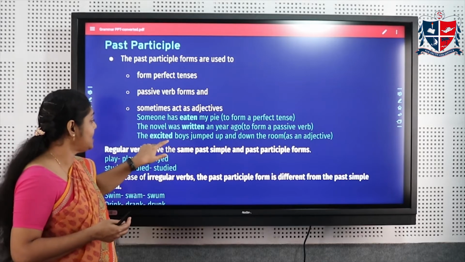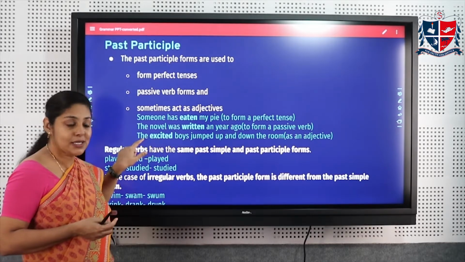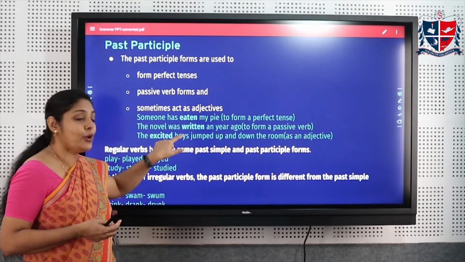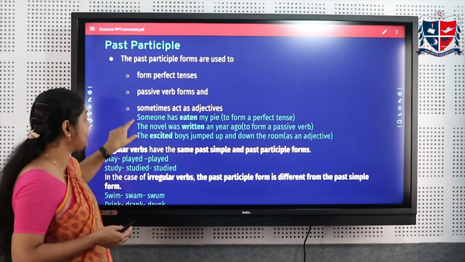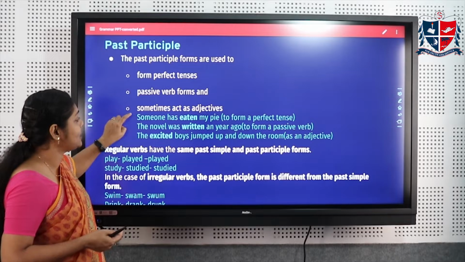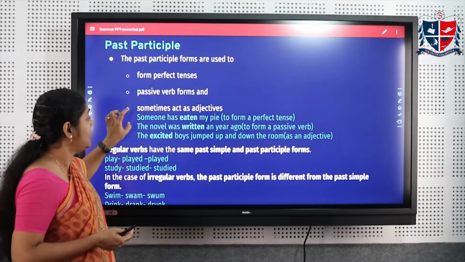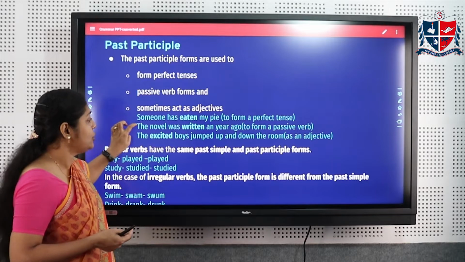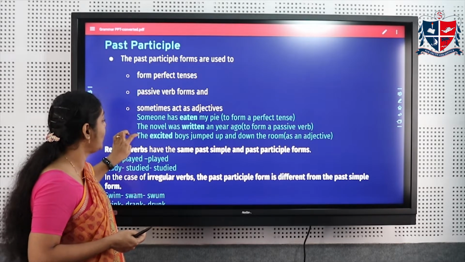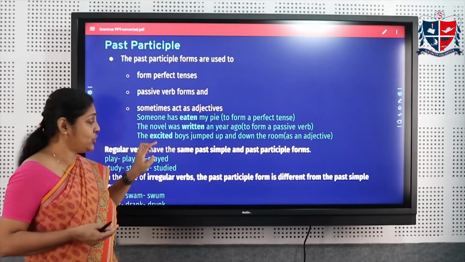See here, this ed form, or the past participle form, is used to modify the noun boys, right? So here we see that the past participle can be used to form a perfect tense. It can be used to form a passive voice. It can also be used as an adjective.